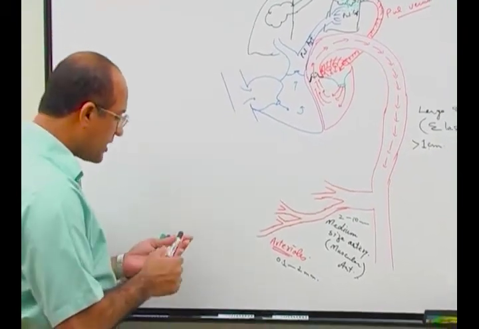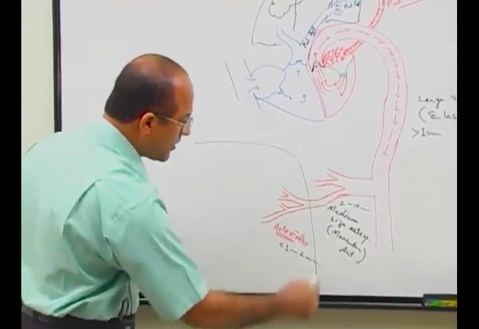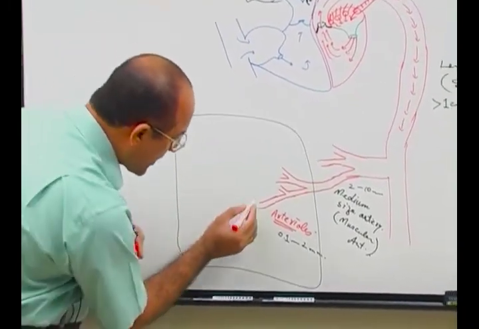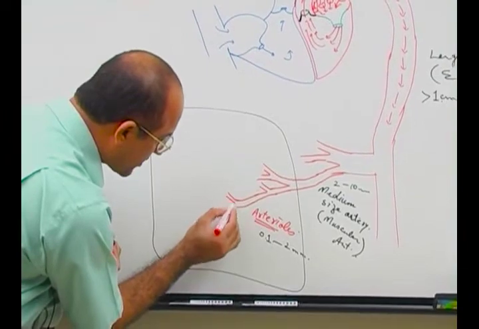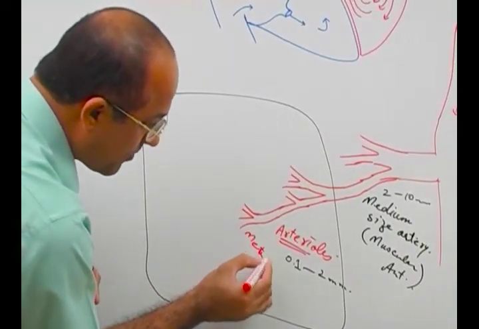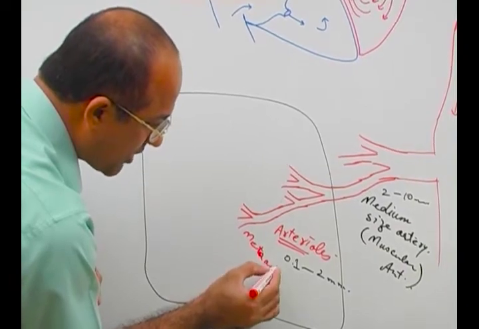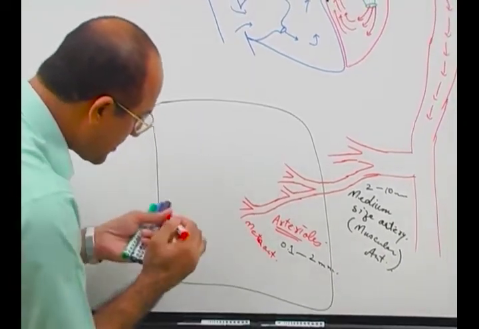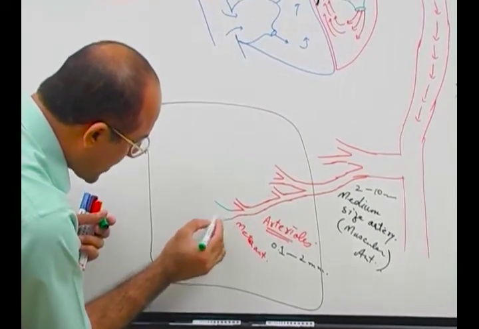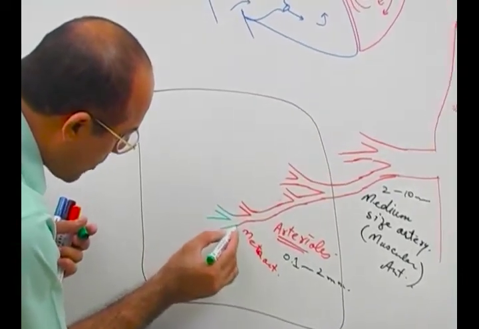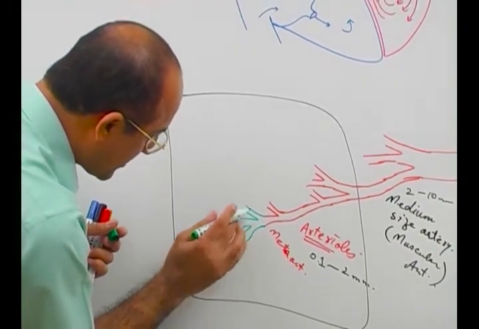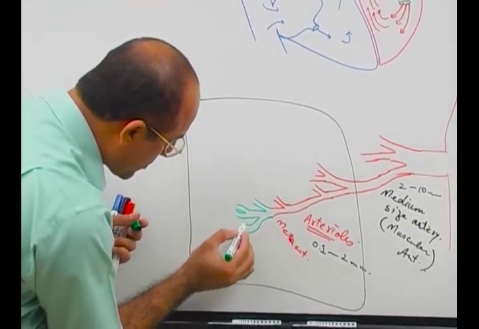Then, for example, this is a tissue to which this blood supply is coming. Now, arterioles break down into further small vessels, which I will explain later, which are called metarterioles. And then these metarterioles break down into very, very small vessels, which are called capillaries, right?